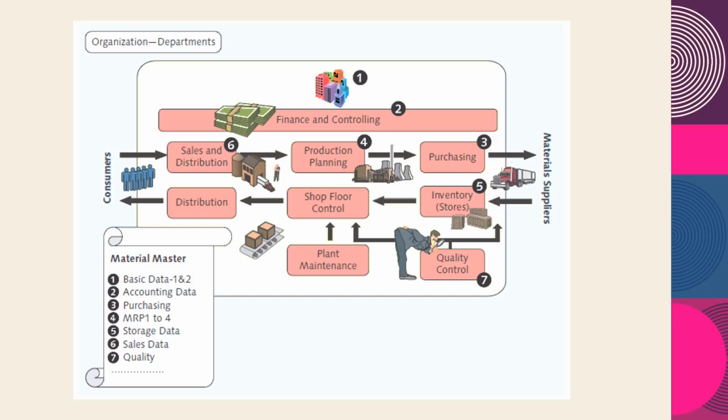Suppose you are handling purchasing, the other departments may not be useful for you, so you can skip and go for only purchasing data. That kind of customization is available in material master.